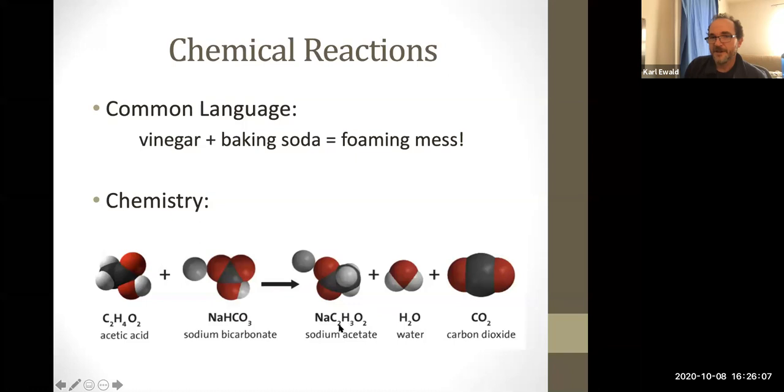And so you have basically sodium acetate, water, and carbon dioxide. So the reason that it foams is because you have a gas in there, and that gas wants to expand and leave the area, and so it creates the foam. And then the rest of it is left behind, the water and the sodium acetate.